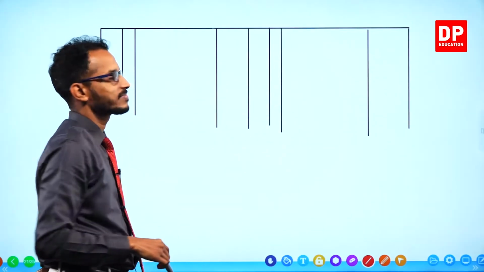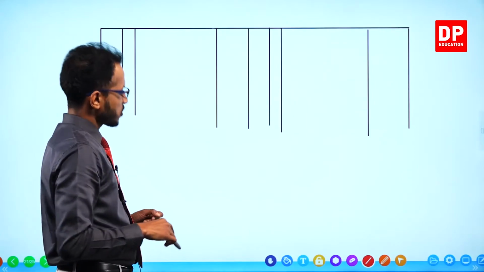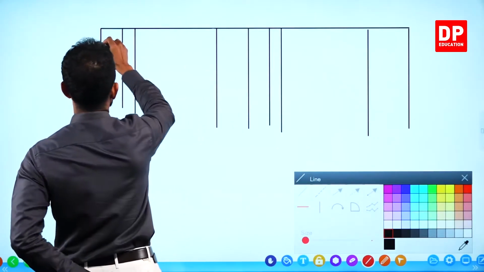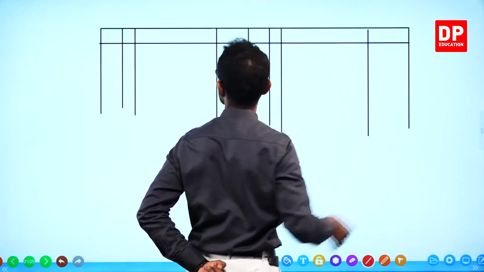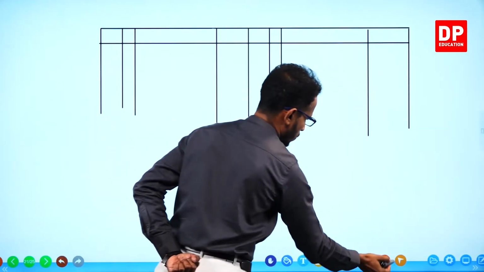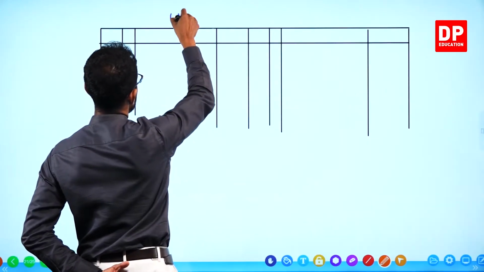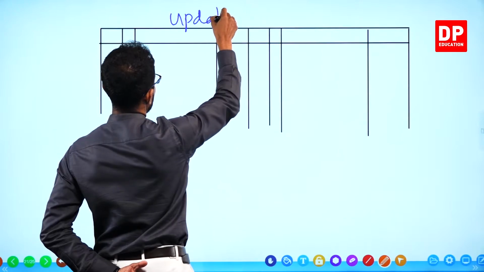Children, I'm drawing the full format of a ledger account for the adjusted bank account, or updated bank account.